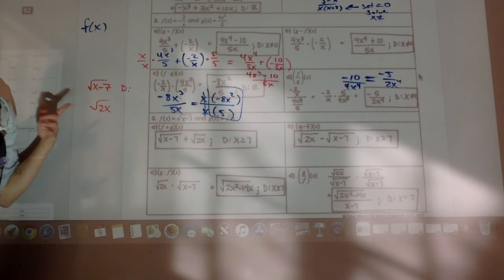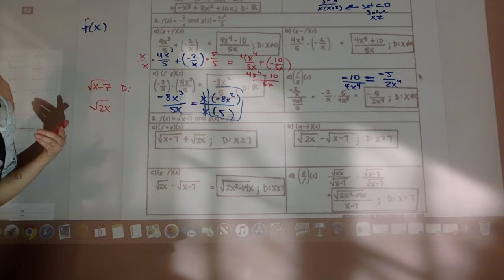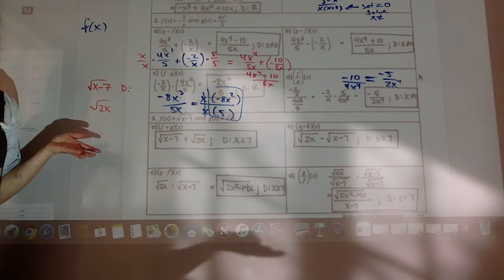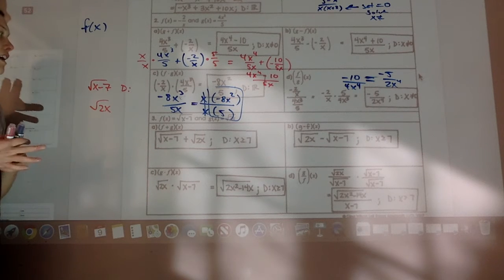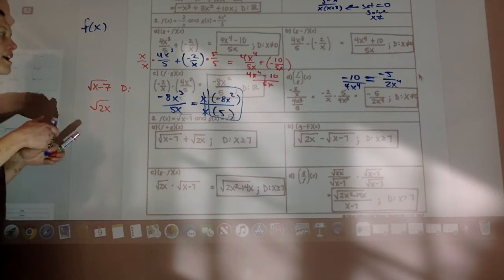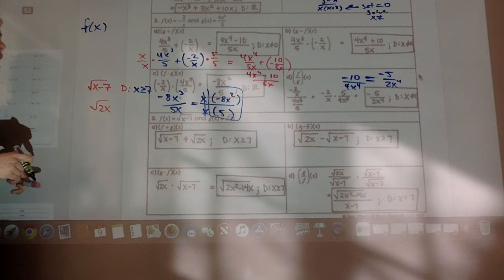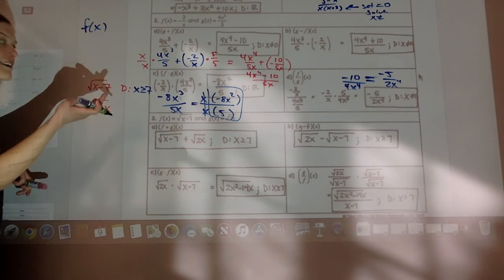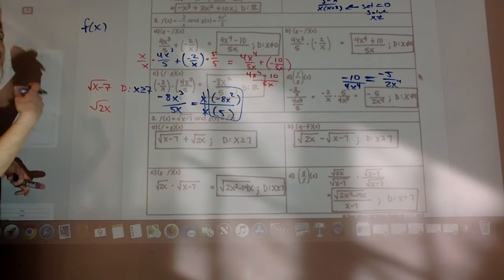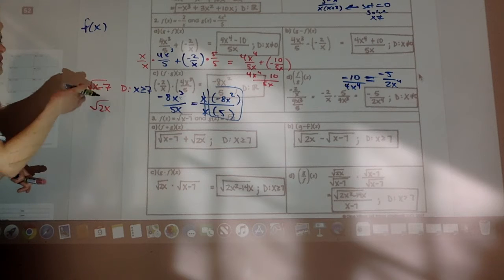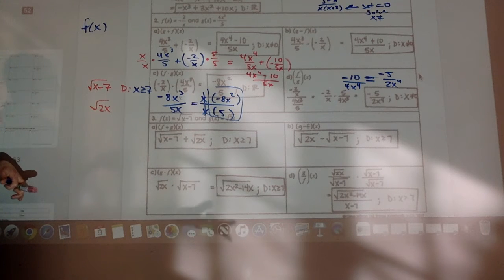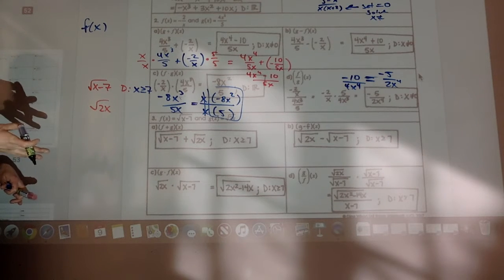What are my limitations? You can't have a negative number under the radical. So this domain is x is greater than or equal to 7. Because anything less than 7, 6 minus 7 is negative 1, 5 minus 7 is negative 2. 7 minus 7 is 0, which I can have under a radical. I just can't have a negative.